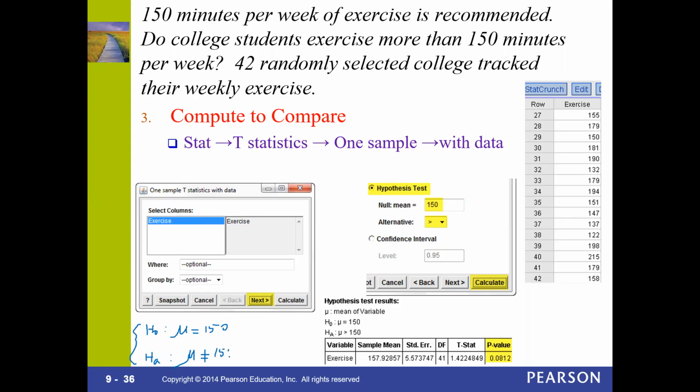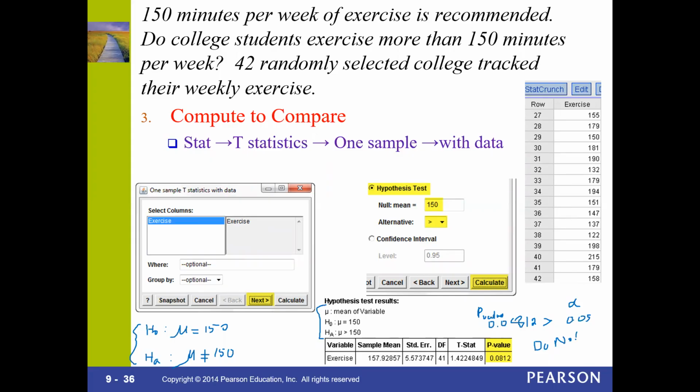Your p-value is 0.0812 and alpha is 0.05. The p-value is bigger than alpha. It means that we do not reject H0.